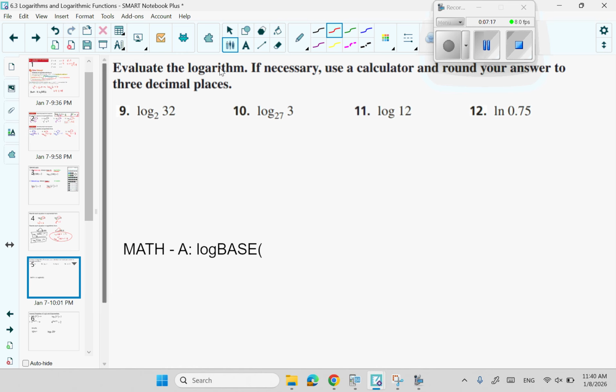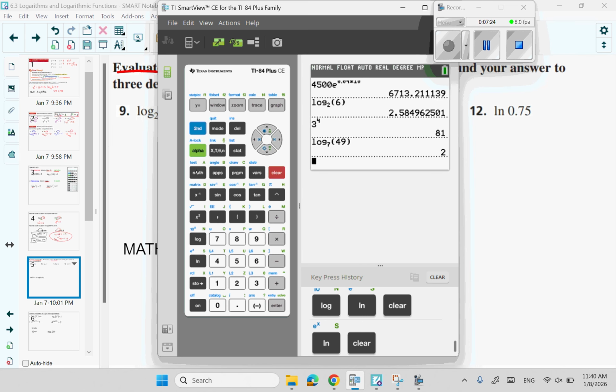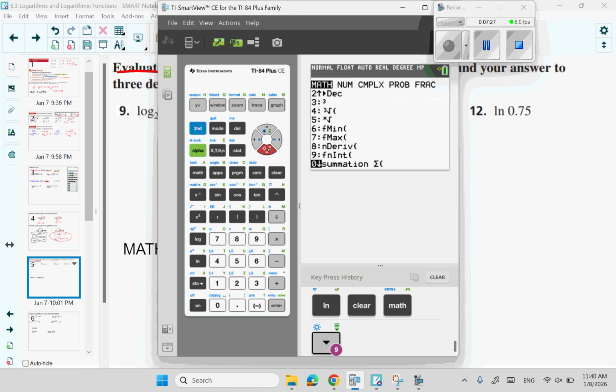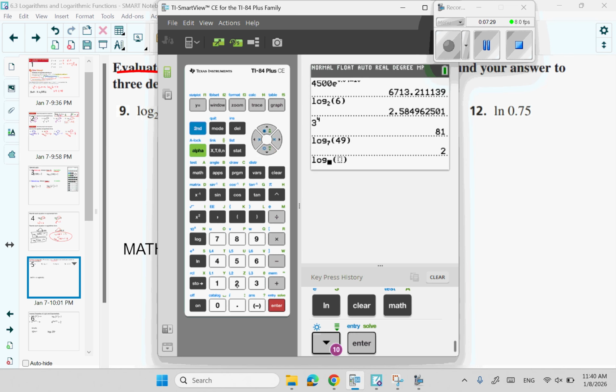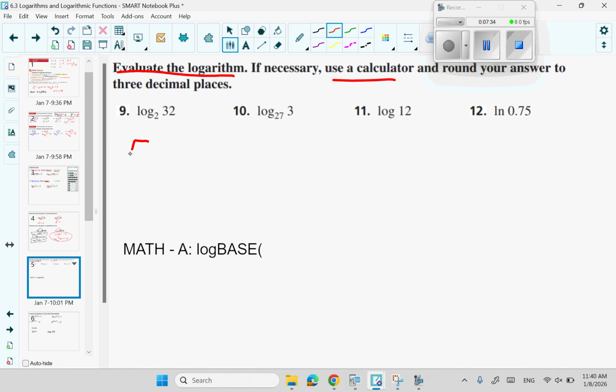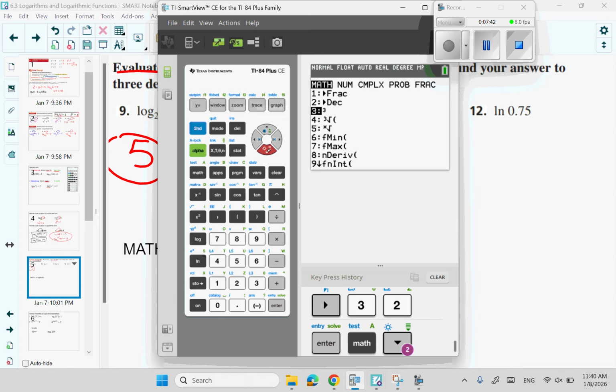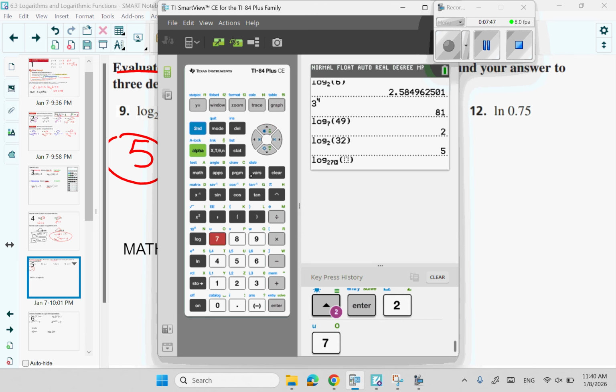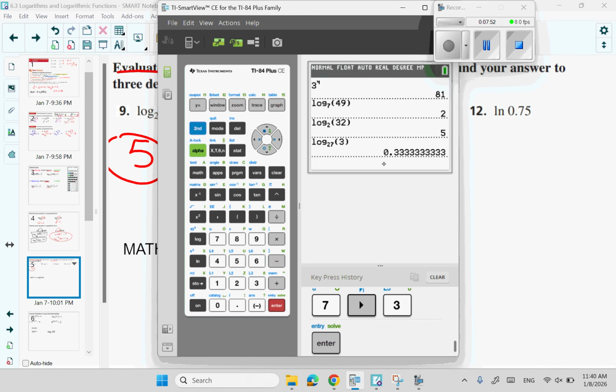Evaluate the logarithm. That just means we're going to type it in our calculator. So log base 2 of 32, like I said earlier, math A for log base 2 of 32 gives us 5. Log base 27 of 3, we get 0.3 repeating.